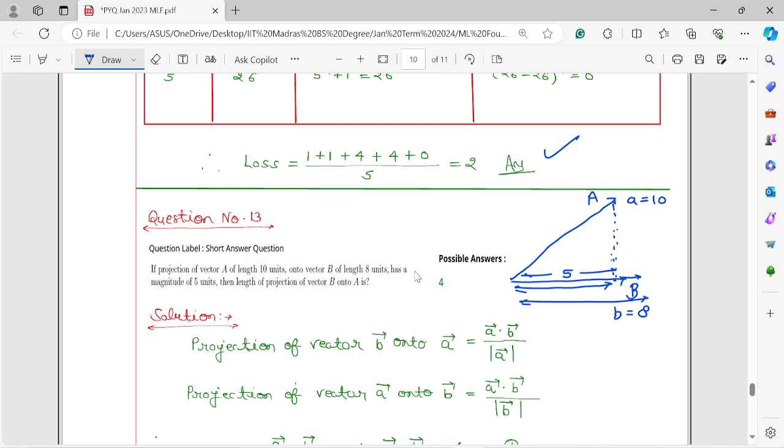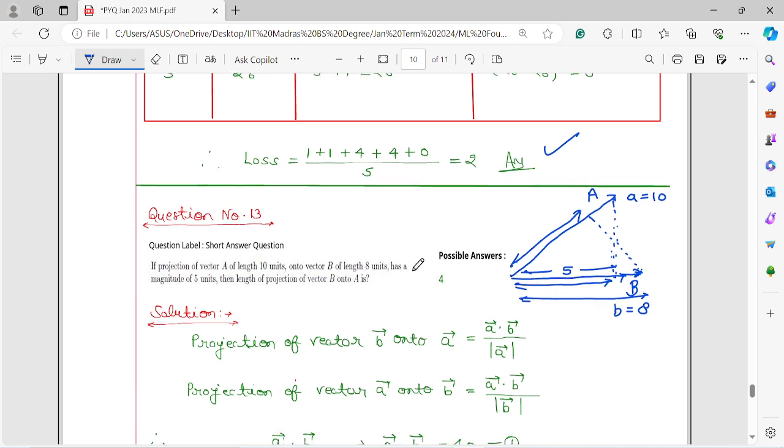So now we want to project B onto A. To project this vector onto A, we will draw a perpendicular line from this vector onto vector A, and now we have to find the projection of this vector onto vector A. So one projection is given, and the second projection we have to calculate.